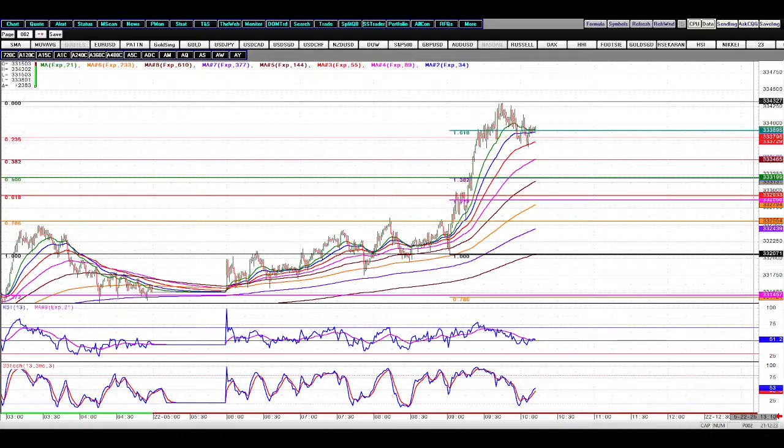So what I'm doing is I'm taking one lot as my standard, my normal entry. So I'm entering by 0.1 at 3337, stop at... where was the stop I gave just now?